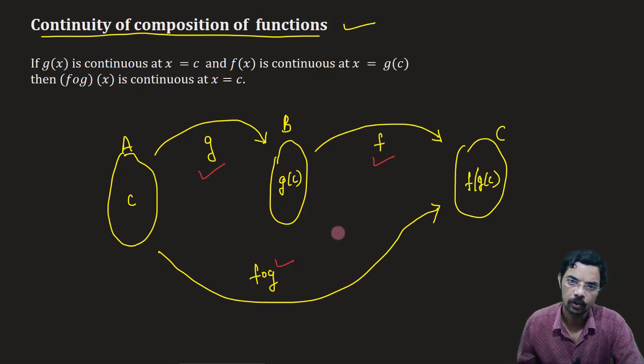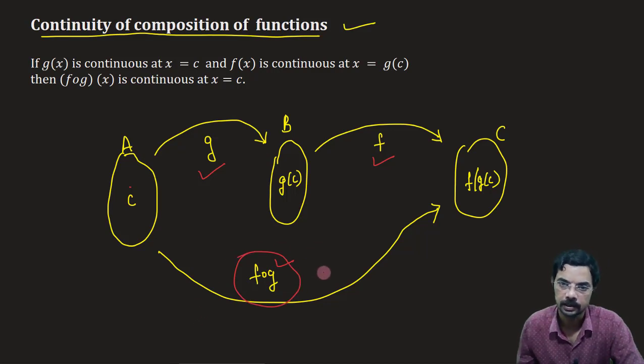We are not going into the proof of this, but if g is continuous and f is continuous, defined in this manner, then f o g will also be continuous. That is, g is defined from the point c and f is defined from g of c. So in that case f o g will be continuous at c.